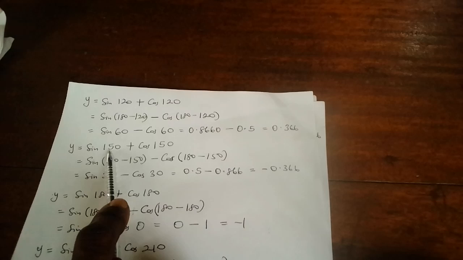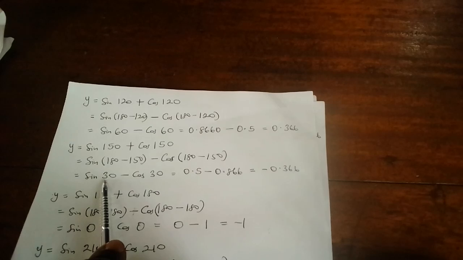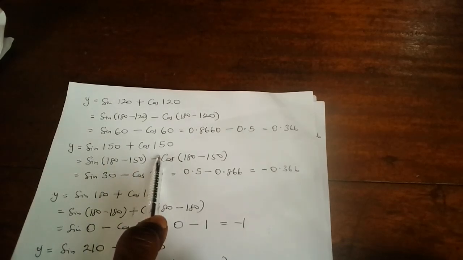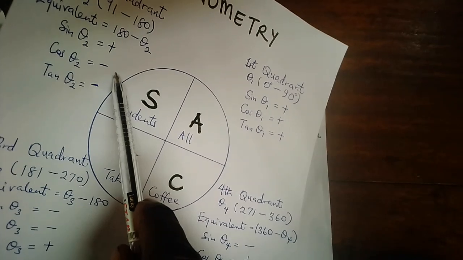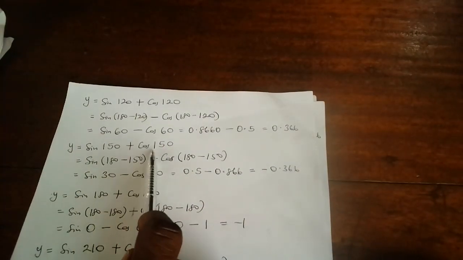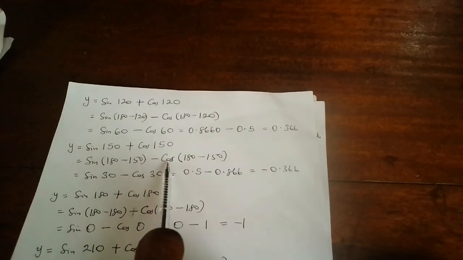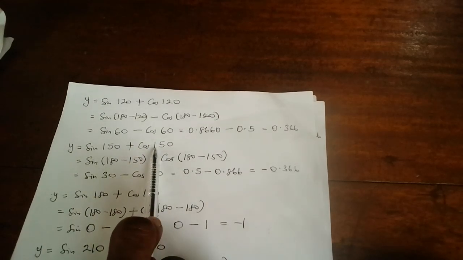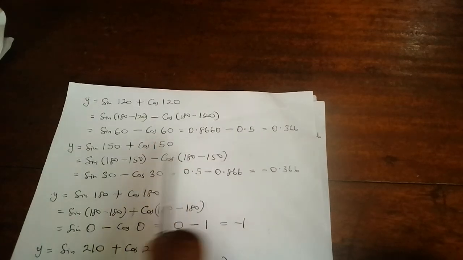The equivalent of 150 in the first quadrant is 180 minus 150, which will give us 30. Then in the second quadrant, cos is negative. So minus times plus will give us minus, then cos 150, the equivalent of 150 in the first quadrant is 180 minus 150, which is also 30.